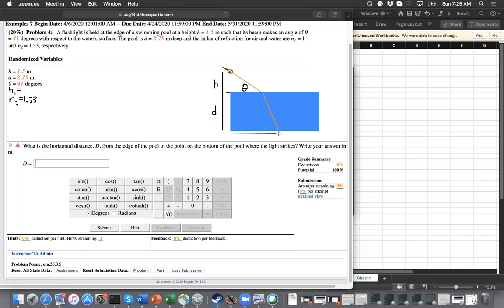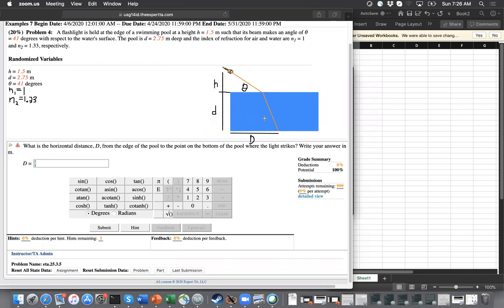This is the thing we want, and that is the distance we're going to be calling big D. So this is what we want, and this is what we know. We also know the index of refraction of the two materials. But now we can see this problem's a little more complicated than you might have thought, because the light isn't just following a single trajectory. This isn't like a straight line. So D is actually made up of two parts.